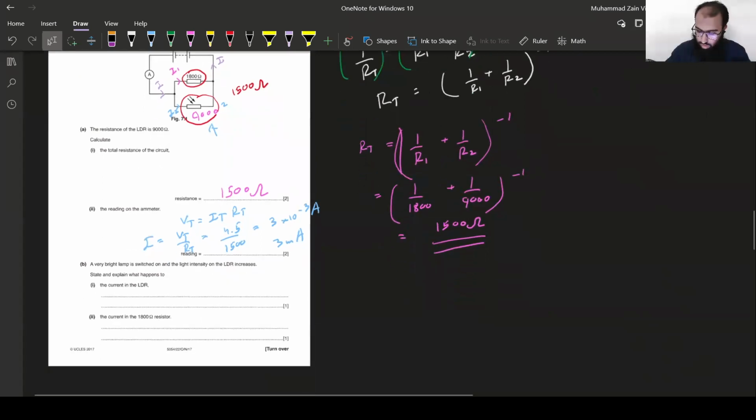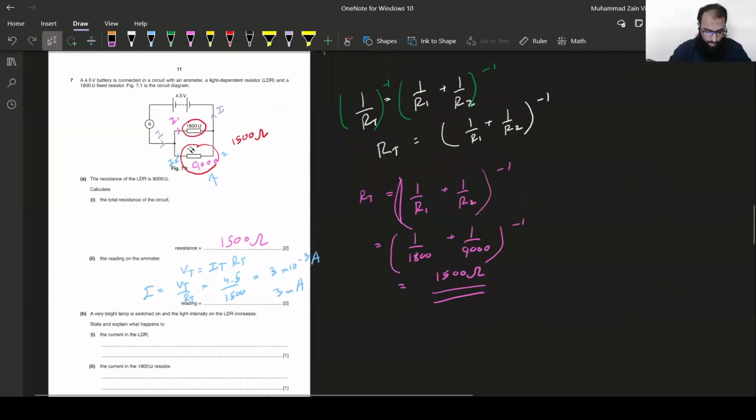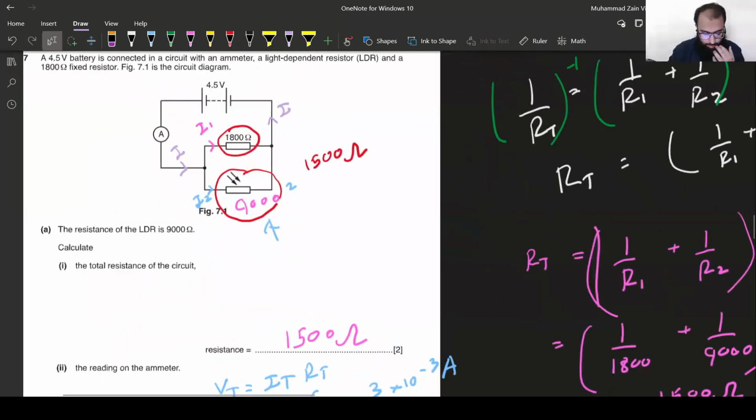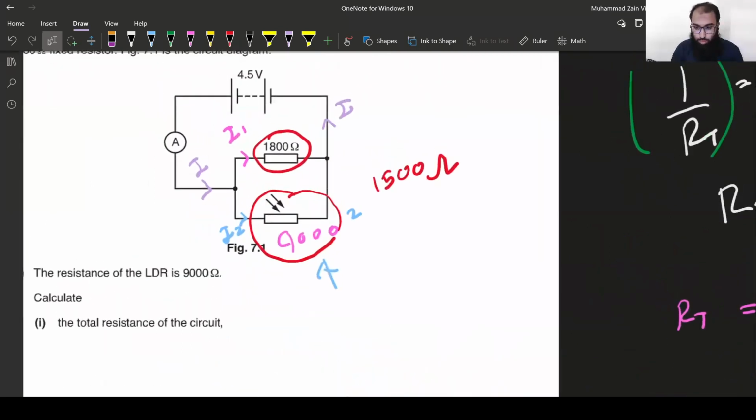Basically, the current started to get divided between I2 and I1, and there was now more current flowing through I2, and the total resistance of the circuit has decreased. So if more current is flowing through I2, there would be less current flowing through I1, and the current in I1 would decrease. So the current in the 1800 ohm resistor would decrease. I hope that part is clear to everyone.